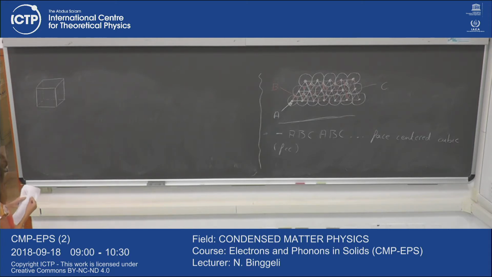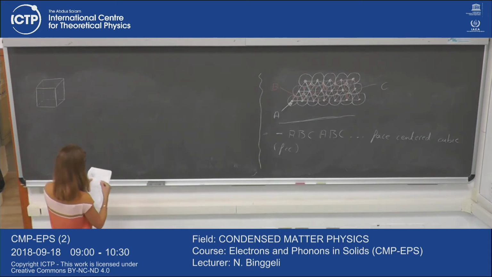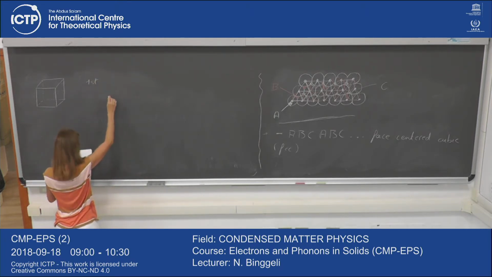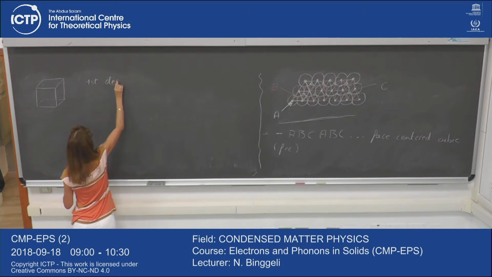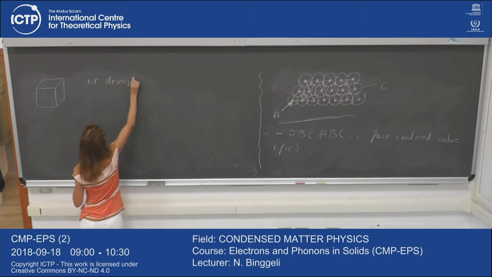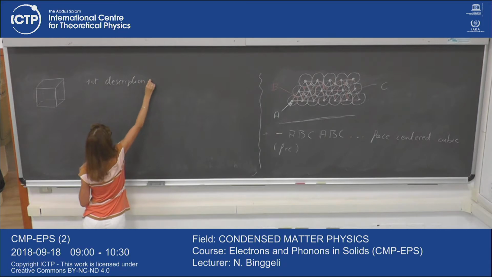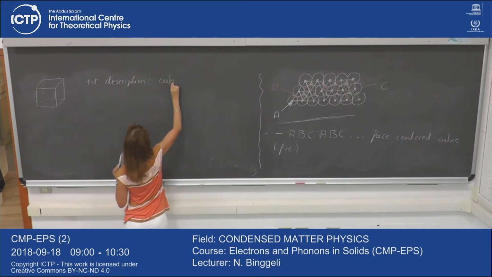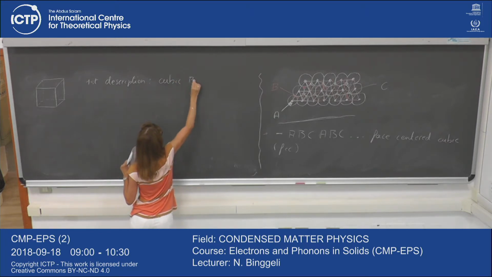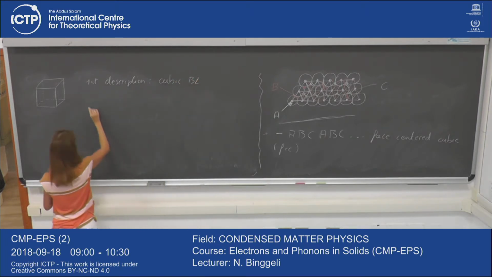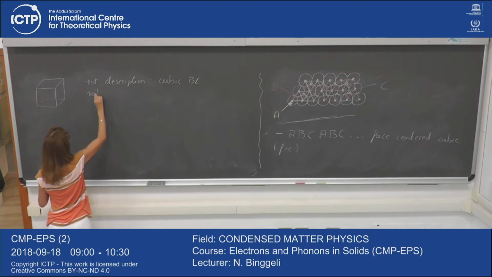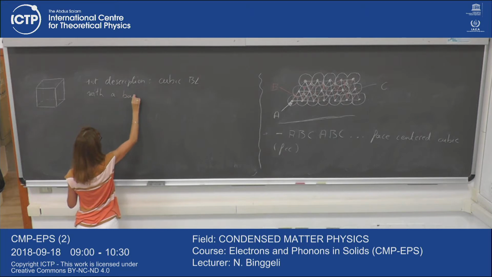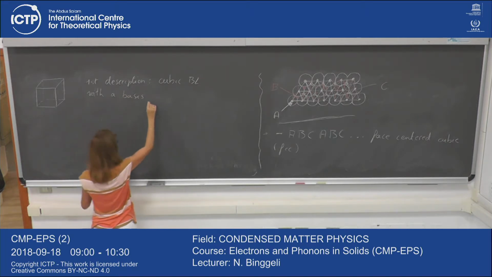The first description of the face-centered cubic lattice is that it's a cubic Bravais lattice with a basis of 4 atoms.